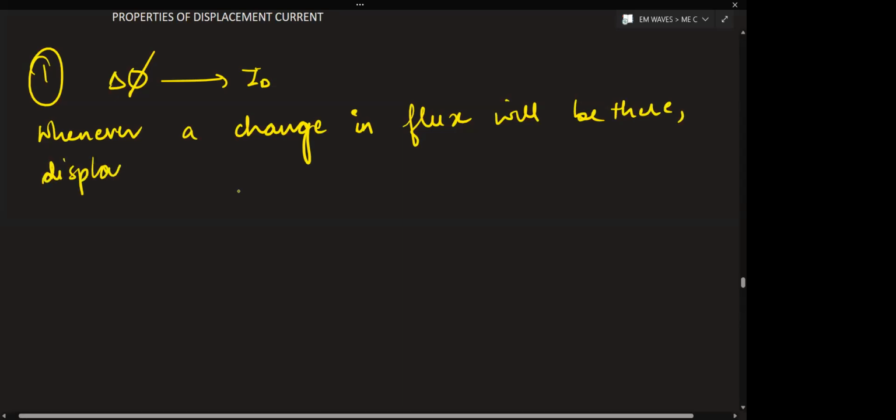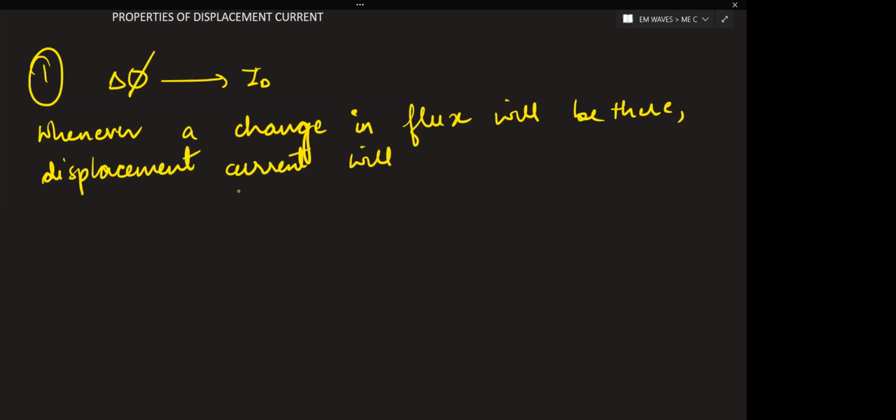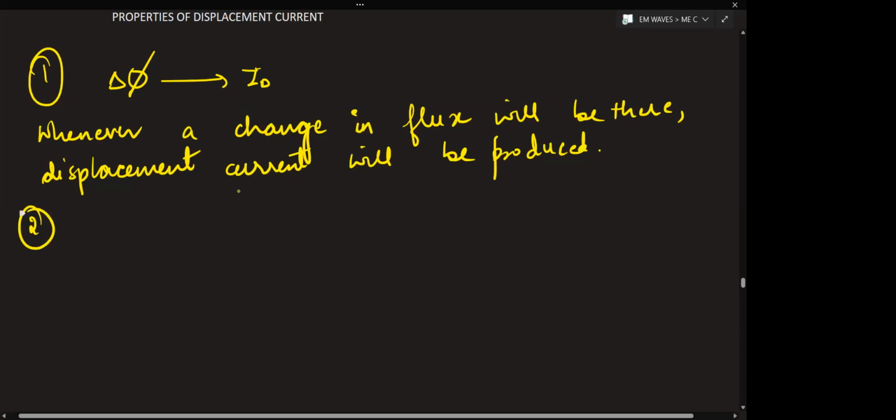Second point is that it's just something additional to the current density. It adds current density to Ampere's circuital law. It's not actually a current. It produces magnetic field. That's why we call it current. So second point, it produces magnetic field.